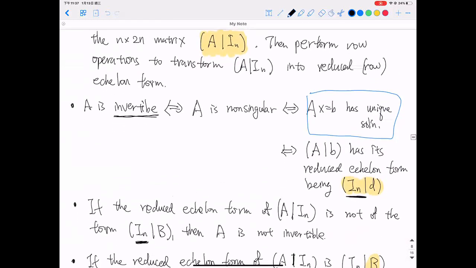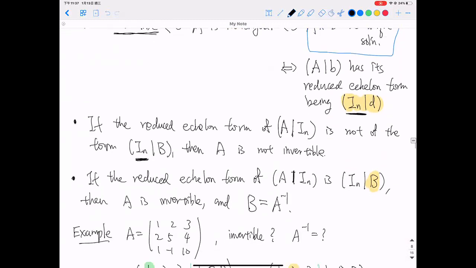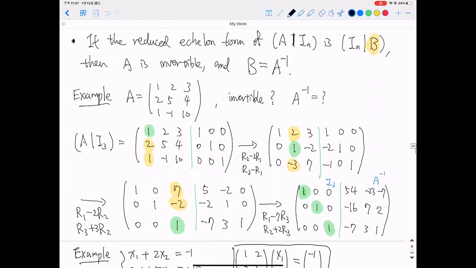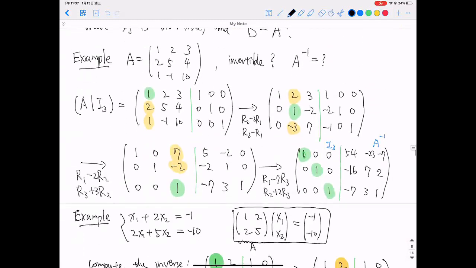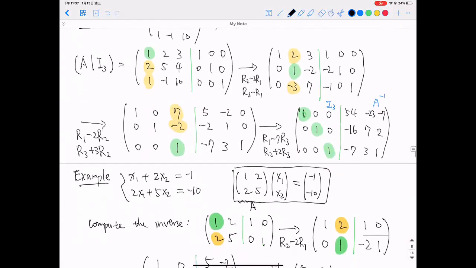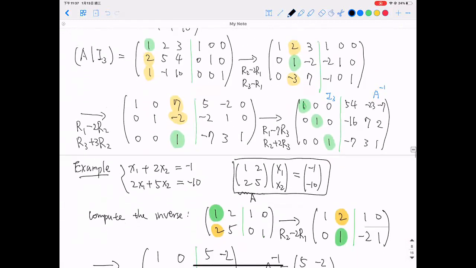You have to turn things into reduced echelon form, and that takes a while. And because the right-hand side of the matrix is a square matrix as well, instead of just a column, you have a lot more computations to do.